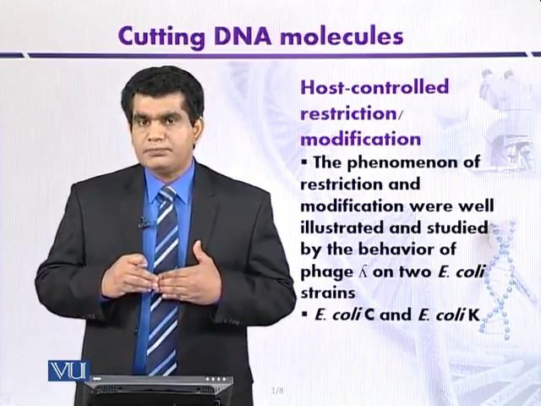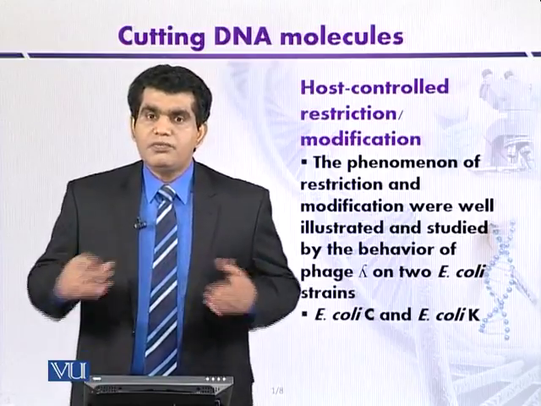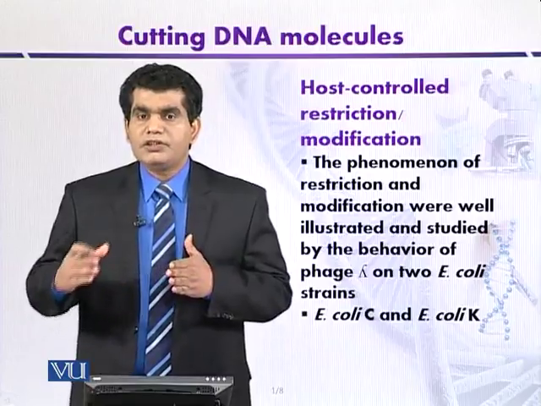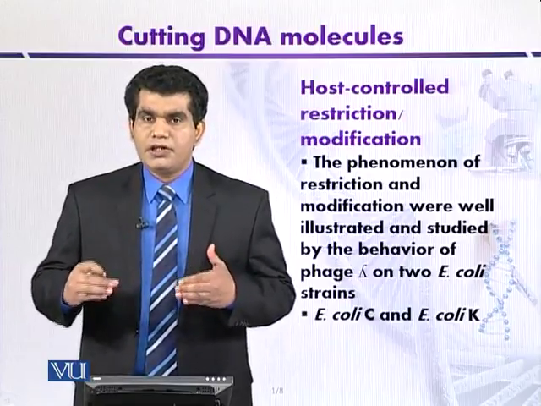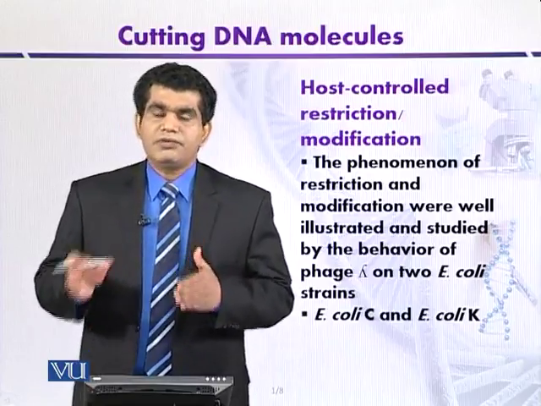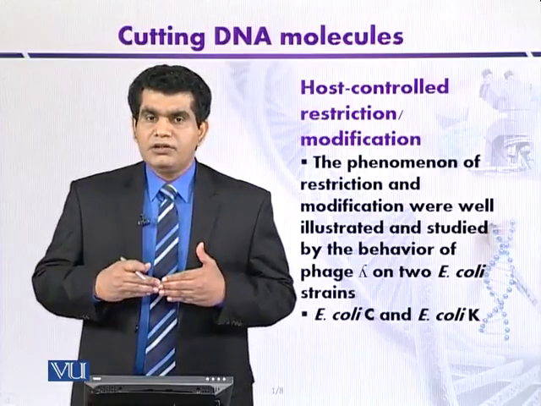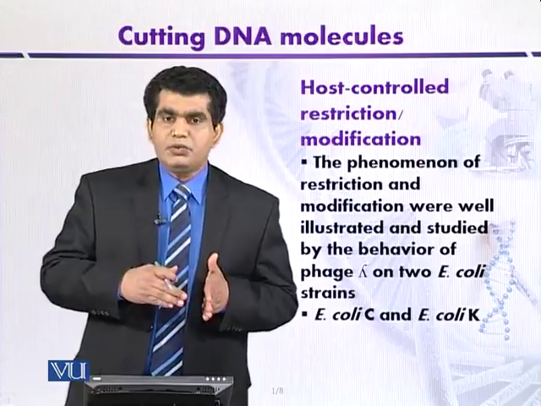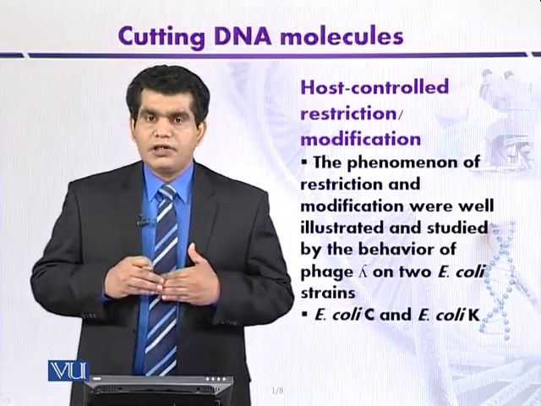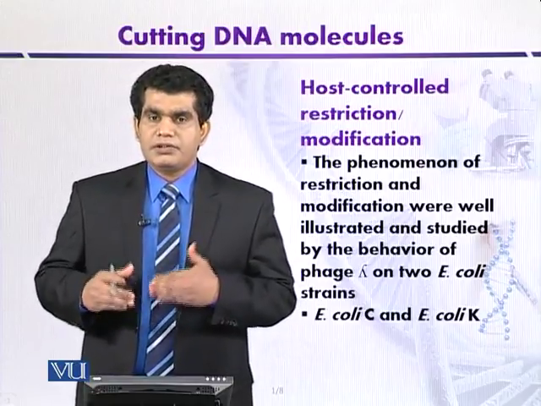But once the bacteriophages that were grown on the second host, E. coli K, are recycled on the first host, E. coli C, and then used to reinfect E. coli K, then again they will be restricted.